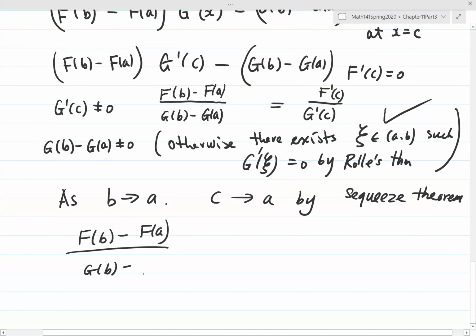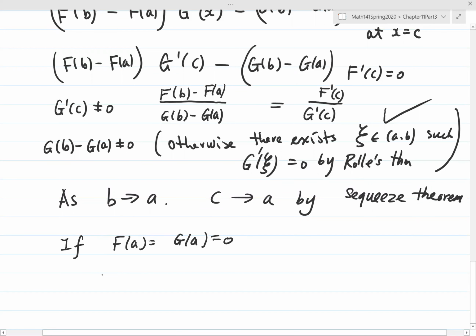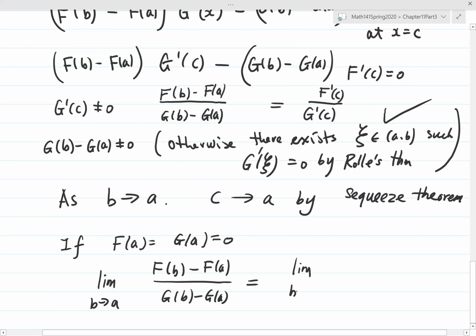So if we assume F(a) equal to g(a) is 0, then you see the limit as b approaches a of (F(b) minus F(a)) over (g(b) minus g(a)). Now g(a), F(a) are 0, so this is the limit as b approaches a of F(b) over g(b).